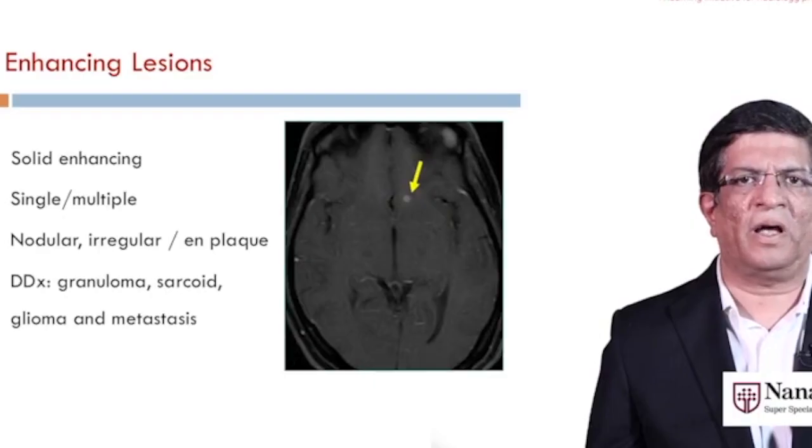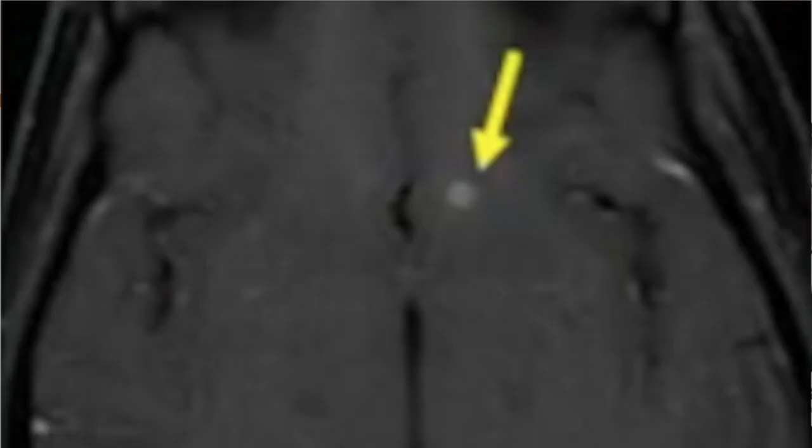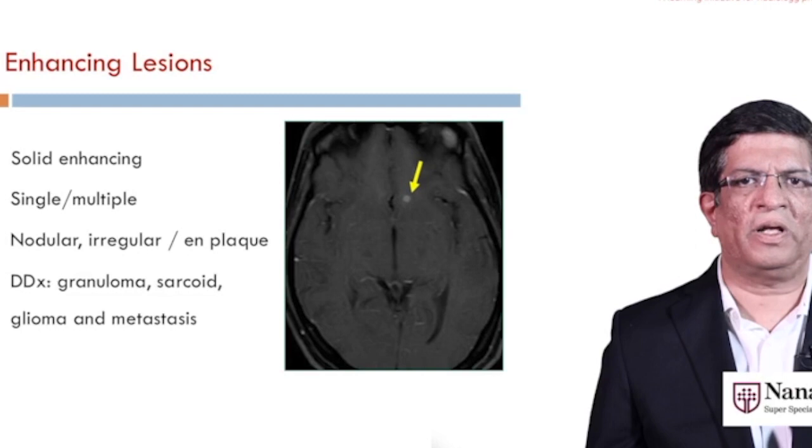More classically, you will see enhancing lesions which could be solid enhancing like this. They could be single or multiple. They could be nodular, irregular or plaque-like. And then the differential diagnosis would be a tiny granuloma, which could be cysticercosis or sarcoid. It could be a small glioma, or it could be a tiny metastasis.